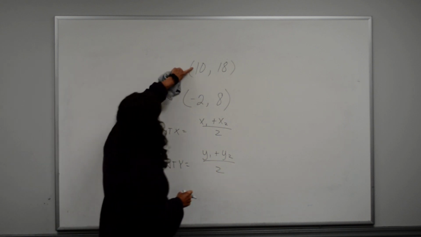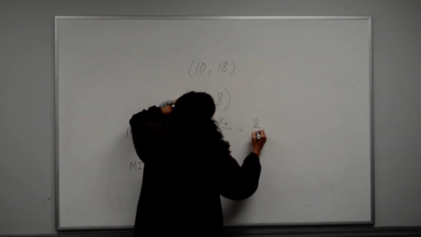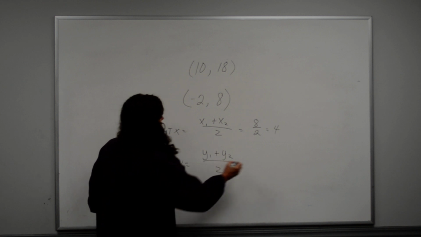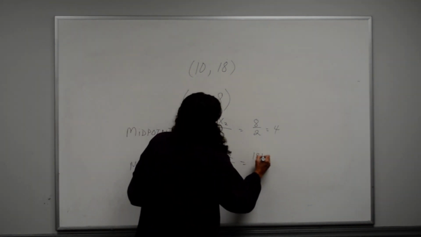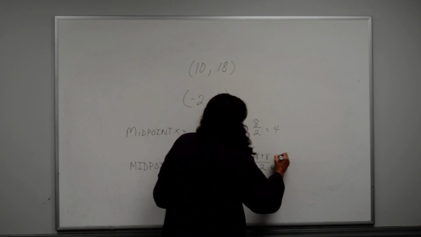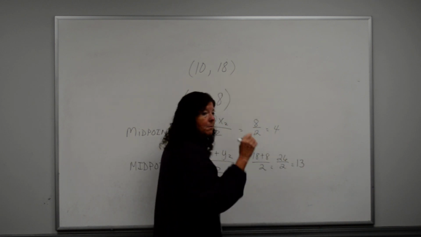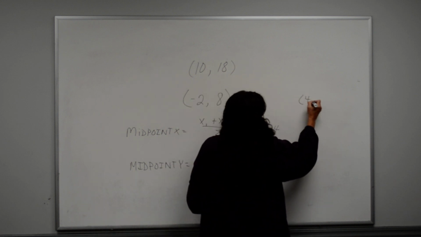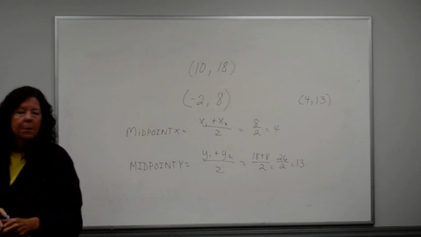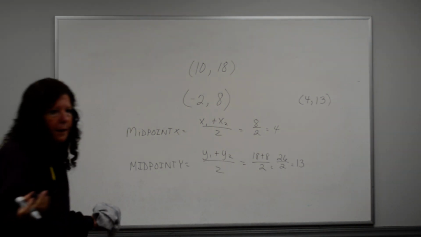So 10 plus negative 2 is going to give me a positive 8, divided by 2 is going to give me a 4. 18 plus 8 divided by 2 is going to give me 26 divided by 2, which is 13. So my midpoint, the ordered pair that's exactly in the middle of those two, if you did it on a coordinate plane, is the point (4, 13). Okay, you both good on that?